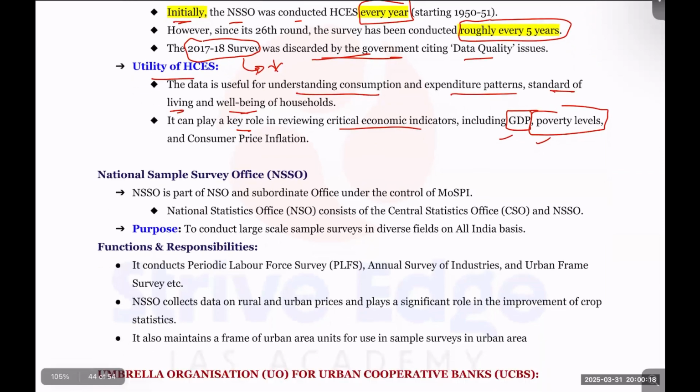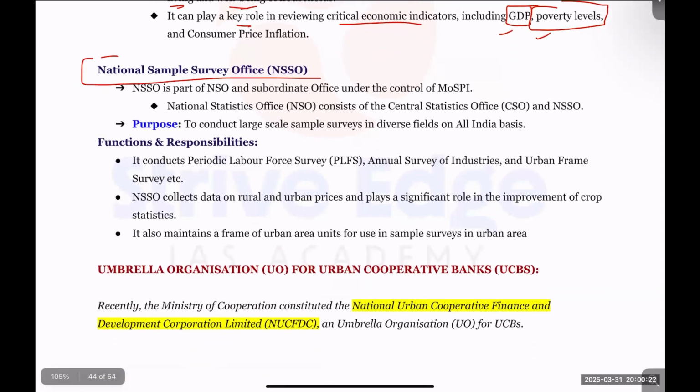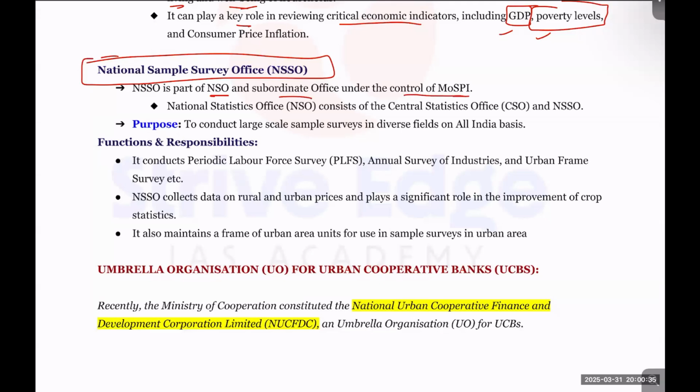Now, what is more important is the National Sample Survey Office, NSSO. It is part of the NSO, the National Statistics Office, a subordinate office under the control of MOSPI. Oh sorry, in the NSO, the NSSO is a department.